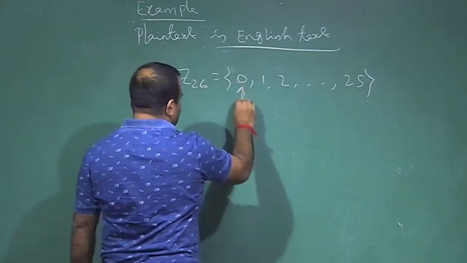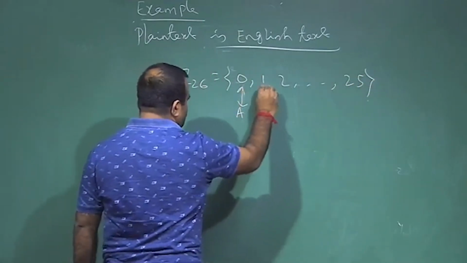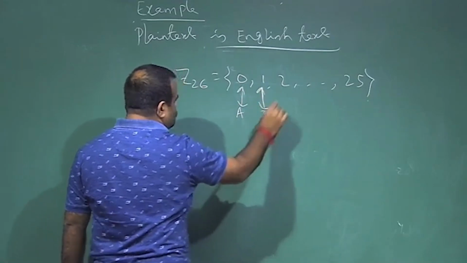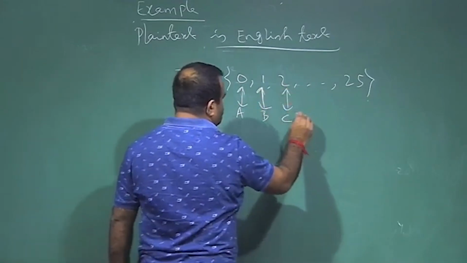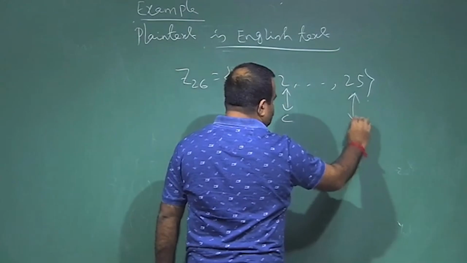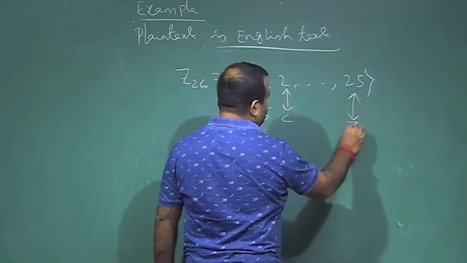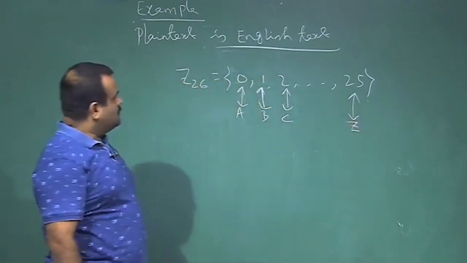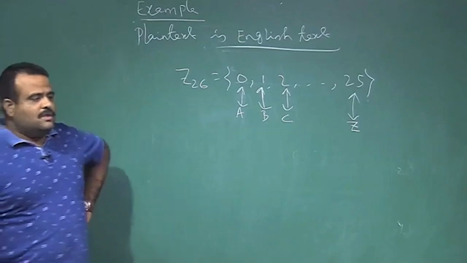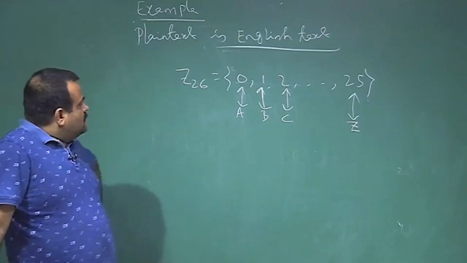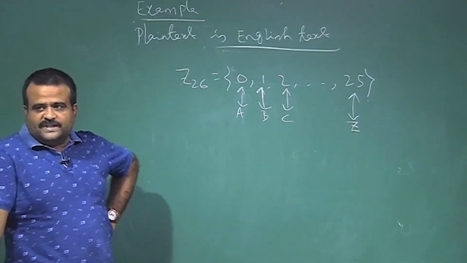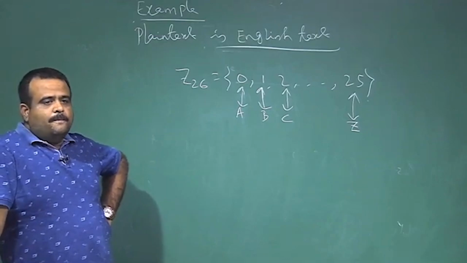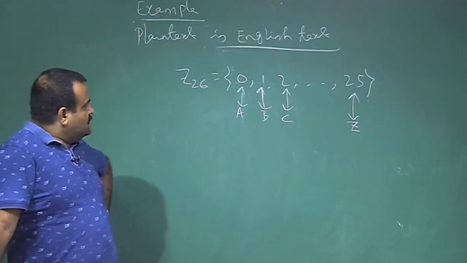So, this is A, this is B. This is the correspondence we have used between Z26 and the set of all alphabets. So, this is the one-to-one correspondence between the English alphabet set and the set Z26.